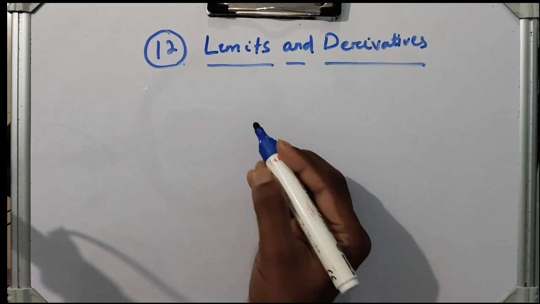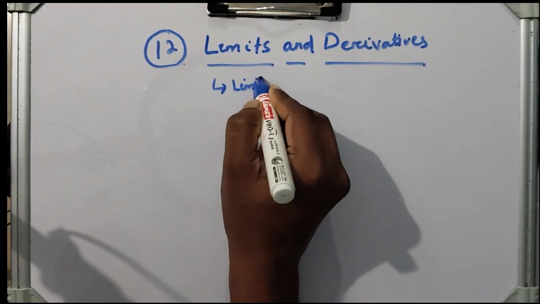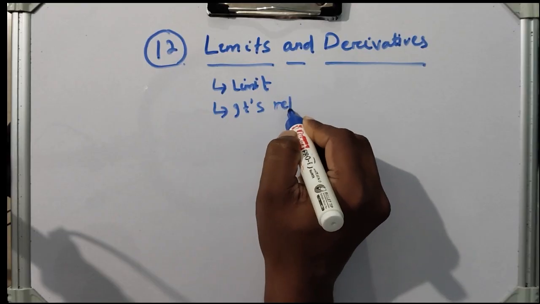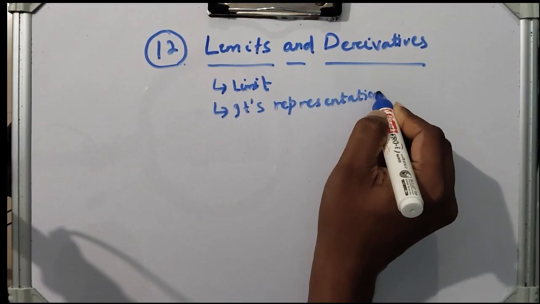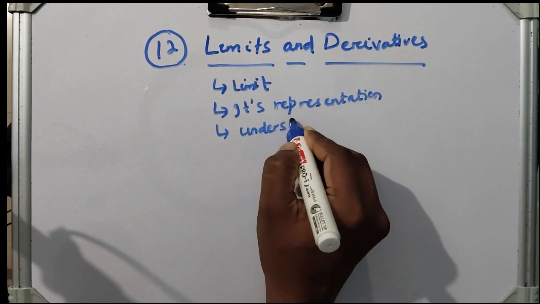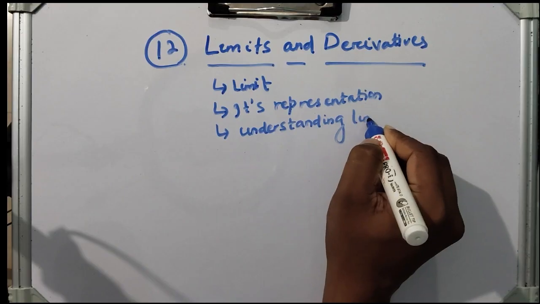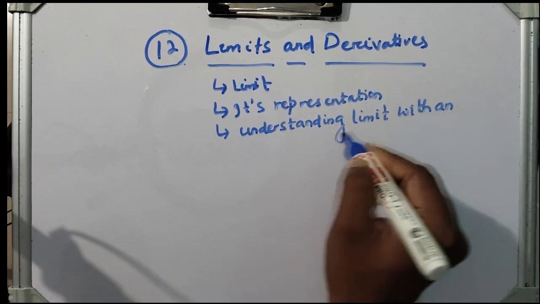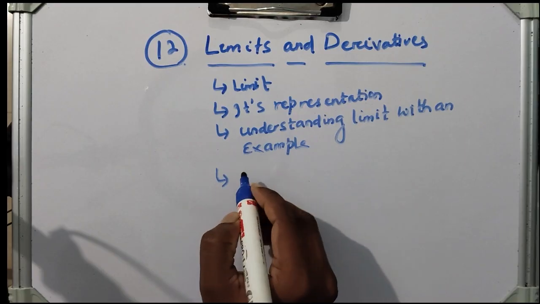So now in this chapter we will learn about what is limit, its representation, understanding limit with an example. Then we will go to derivatives.